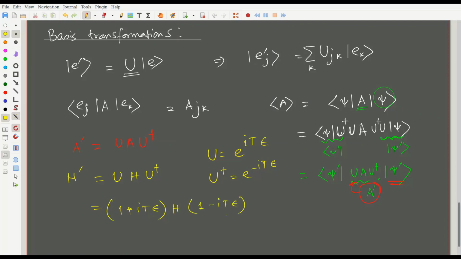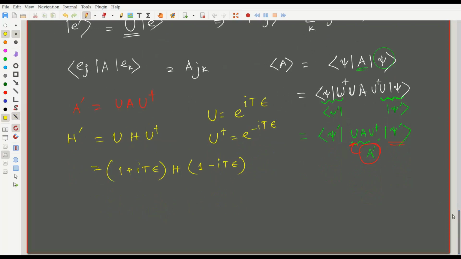Plus order epsilon squared, which I do not care about. If you multiply, this is H, then this is i T H, and then minus i H T. So if you do it correctly, it should be i epsilon T commutator H plus order epsilon squared.